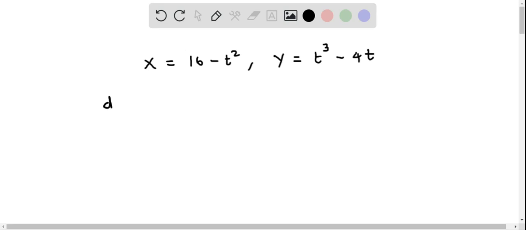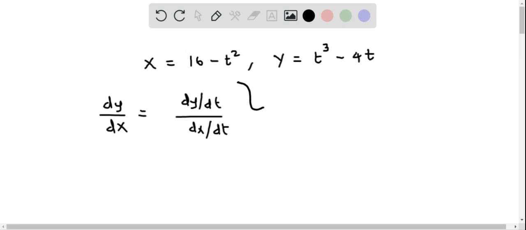So dy by dx is the slope of the parametric curve, and this is given by this formula: dy by dx equals dy by dt over dx by dt. So let's find dy by dt and dx by dt, and then plug into this quotient so that we get dy by dx.